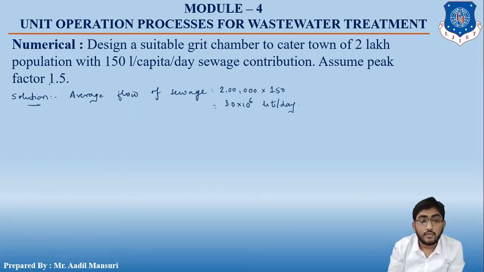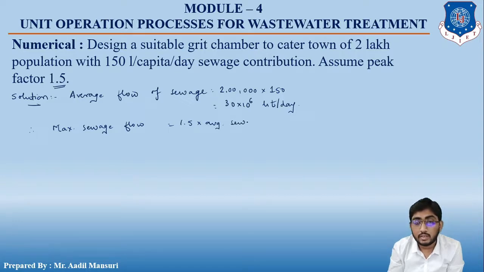Now we are given peak factor as 1.5. Therefore, maximum sewage flow will be equal to 1.5 into average sewage flow.